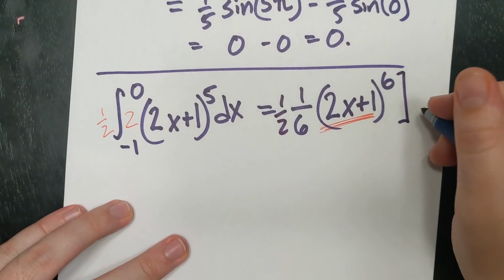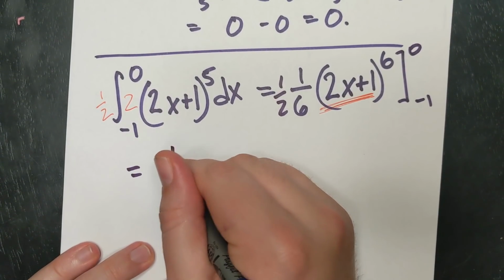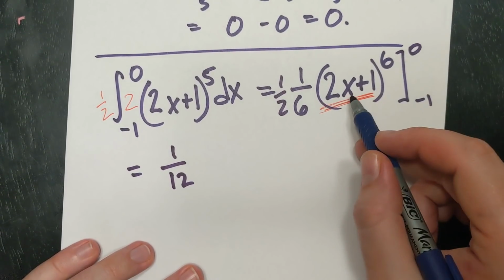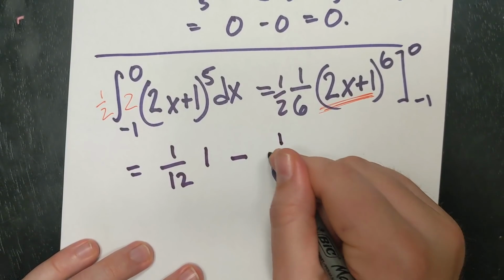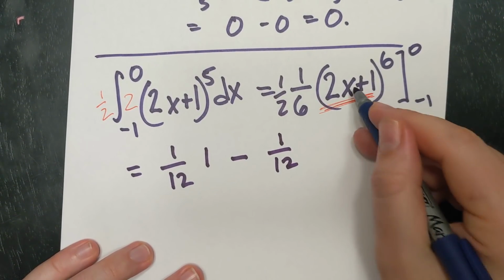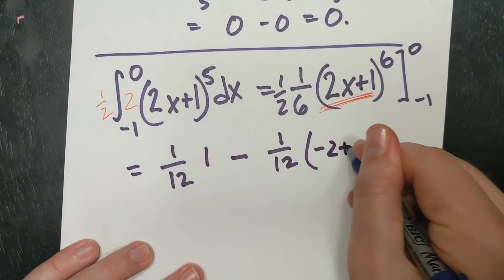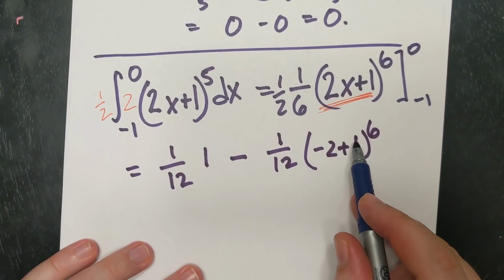So I end up with this extra 1/2 lingering in front. And now that's what I'm going to evaluate from -1 to 0. So I get 1 over 12 of, well, you plug your 0 in, it just becomes 1, minus 1 over 12. You plug your -1 in, -2 plus 1 to the 6th, which again is just going to be a copy of 1.